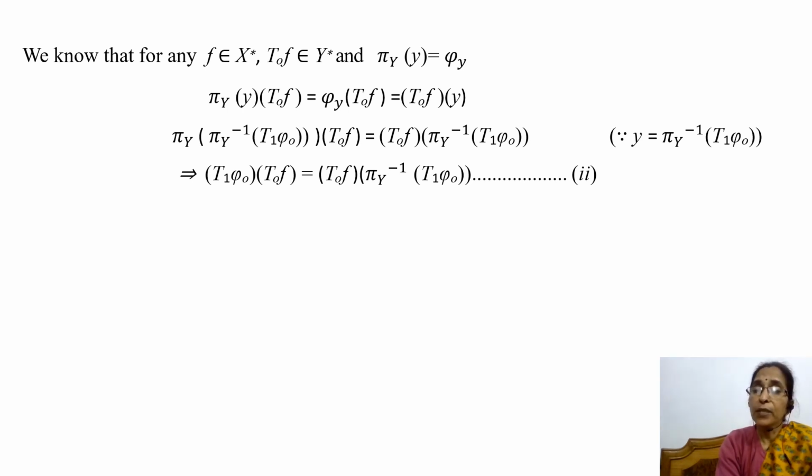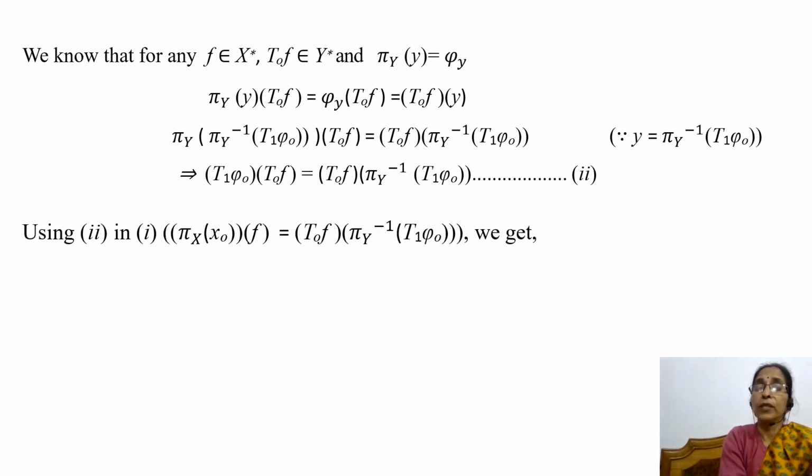And since pi y of pi y inverse is an identity mapping, we have T1 phi naught of T naught f equal to T naught f of pi y inverse of T1 phi naught, and we mark it as 2.